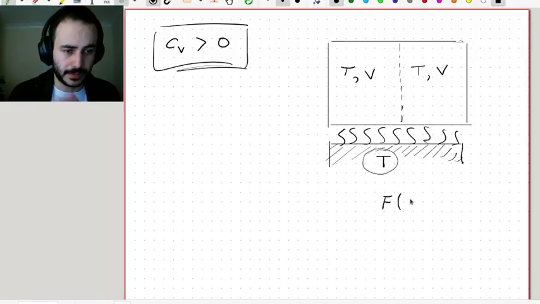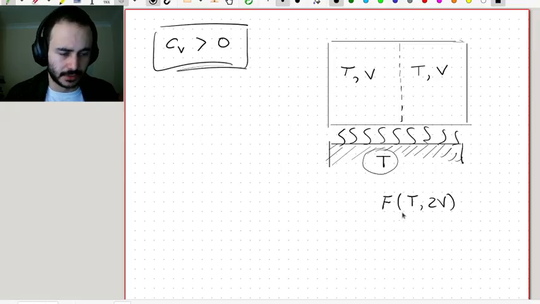So what we know is that in the initial state, in which you have temperature T and volume 2V, this function has the minimum possible value it can have.